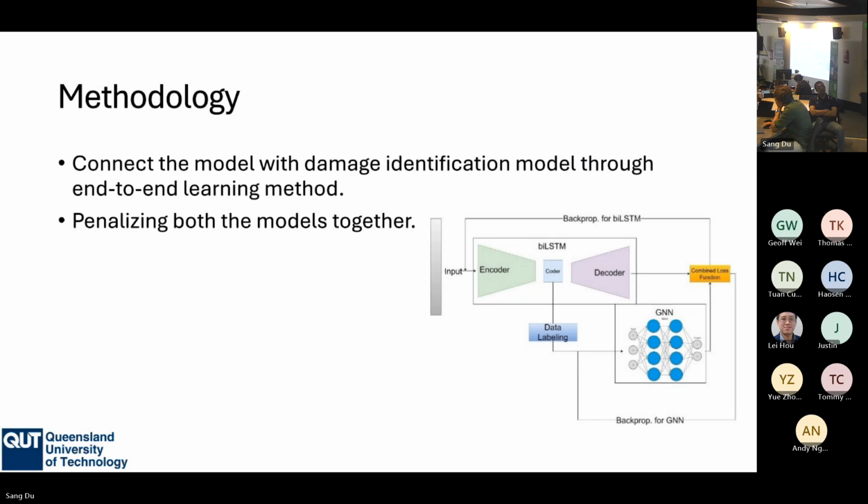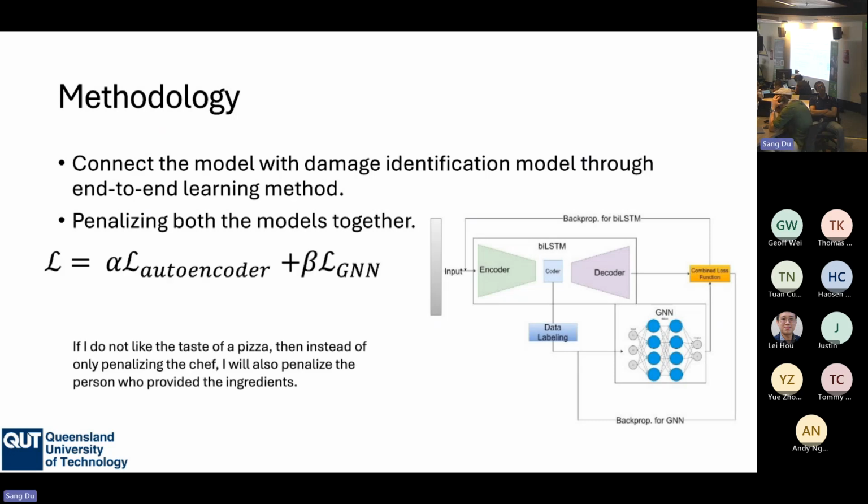For an analogy, it would be something like if I don't like the taste of the pizza, then instead of only penalizing the chef, I will also penalize the person who is providing the ingredients. So I will train both of these networks together by just combining their loss functions. These are the loss function for the autoencoder plus the loss function for the GNN model.